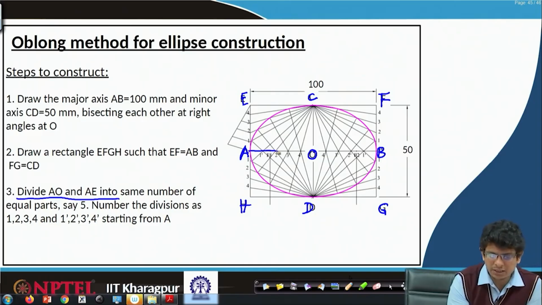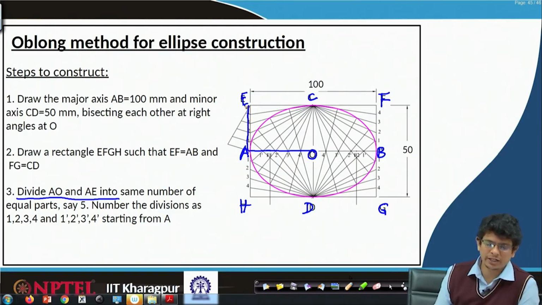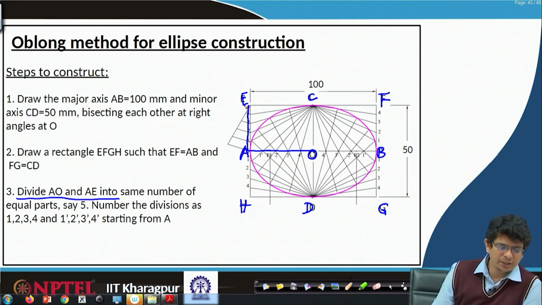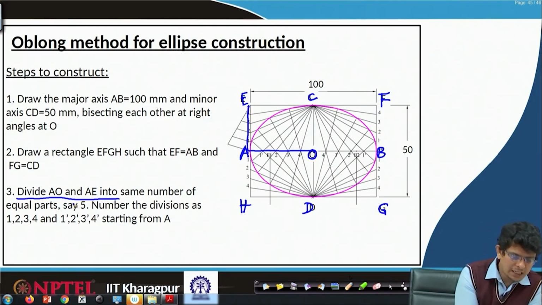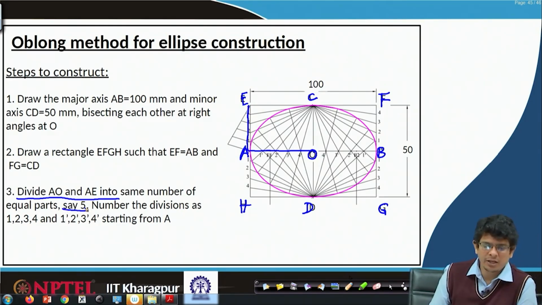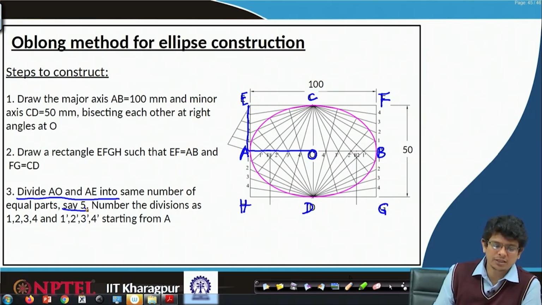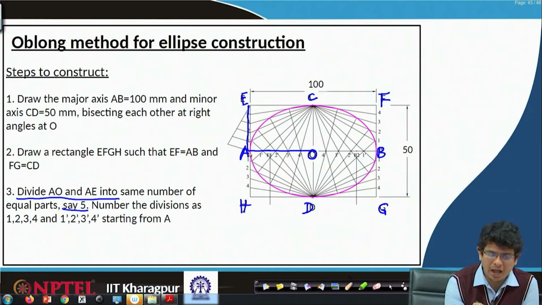AO is this one, AE is this one, this quadrant of that rectangle, into the same number of equal parts, let us say 5. If we have 50 points, then accuracy will be nice and we will have a very smooth curve. If we have fewer points, it may not be a very smooth curve, that is the only difference.